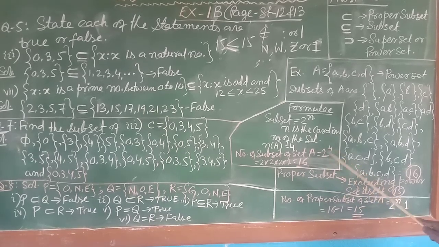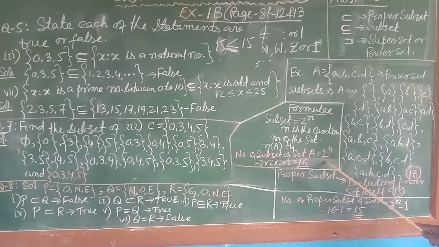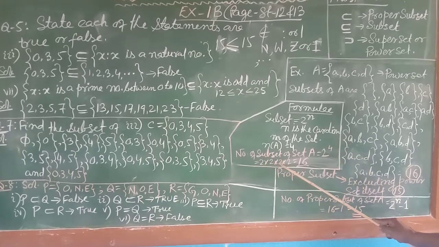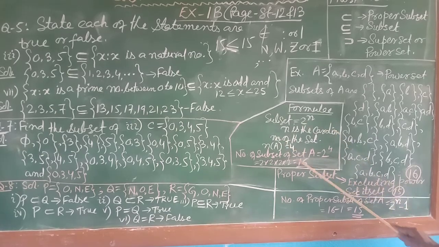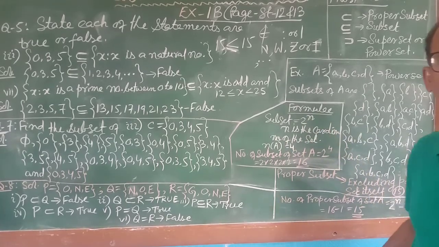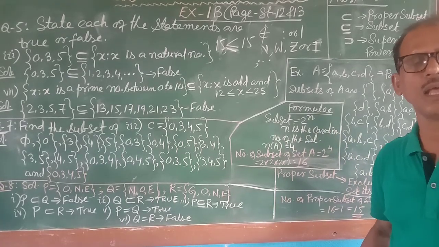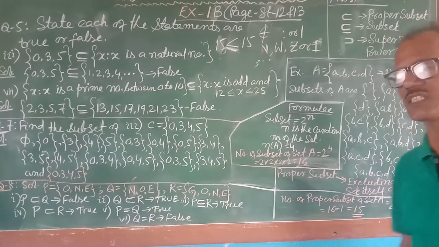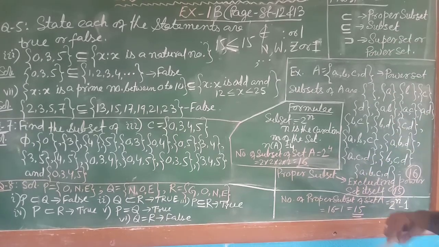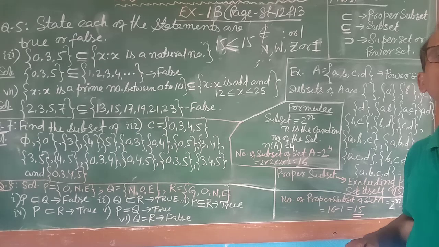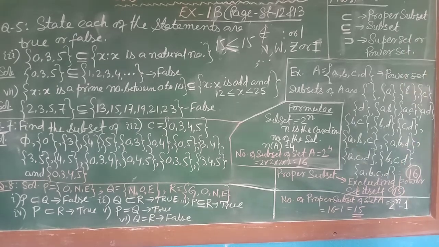This is the base and this is the power. The power tells how many times the base is multiplied: 2 into 2 into 2 into 2. If you find out, it will be 16. So if a set has cardinal number 4, you can create 16 subsets, which includes the power set. But how many proper subsets?